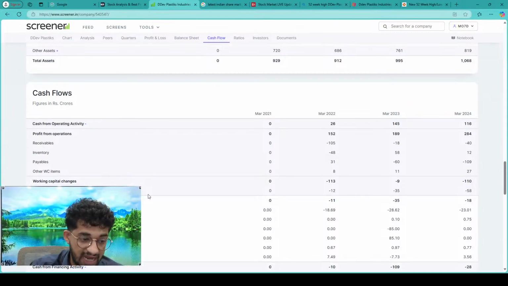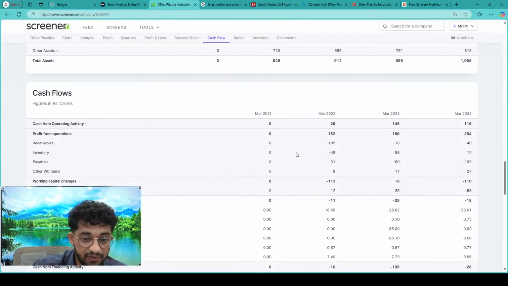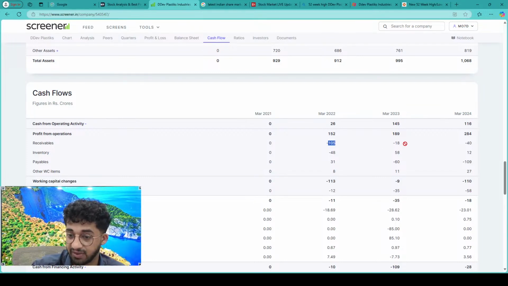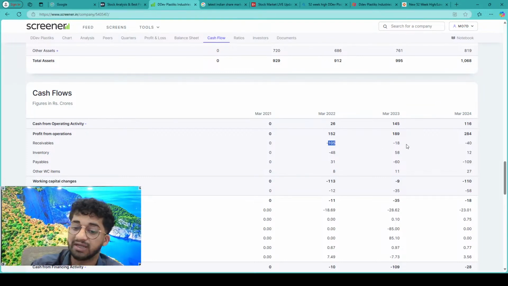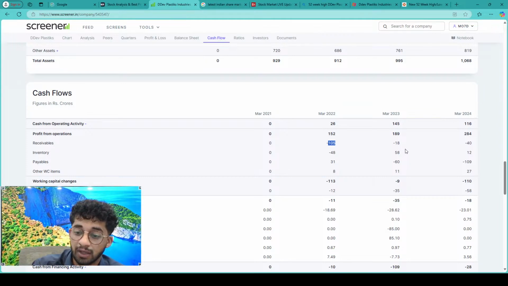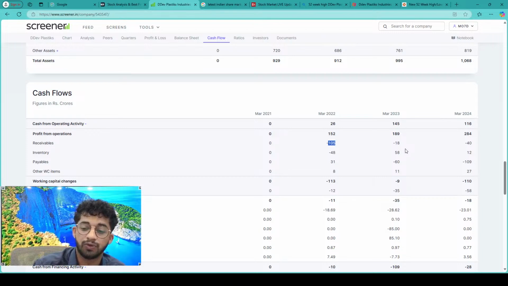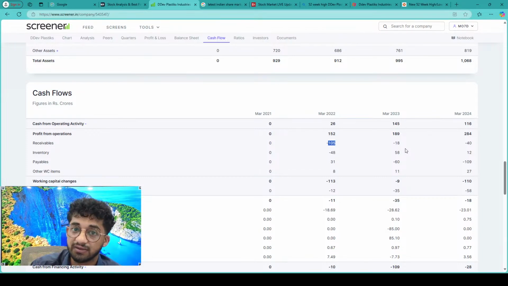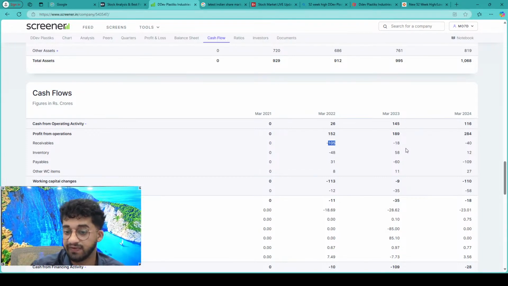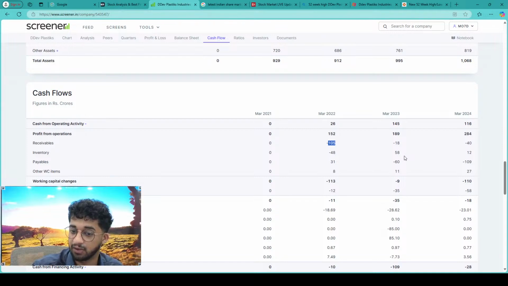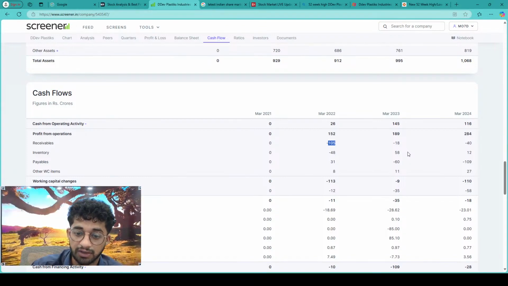And for the cash flow, the company has decreased receivables. That means the company is now collecting the cash receivables beforehand, so it increases their free cash flow, which they can use for capital expenditure or something else. It is very positive news for the company.